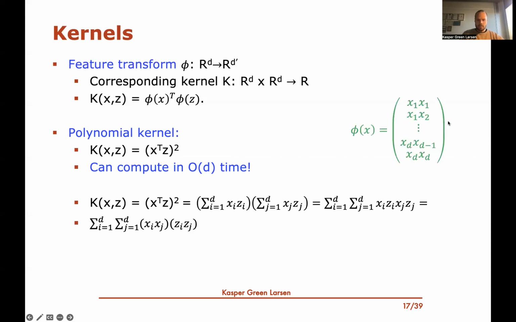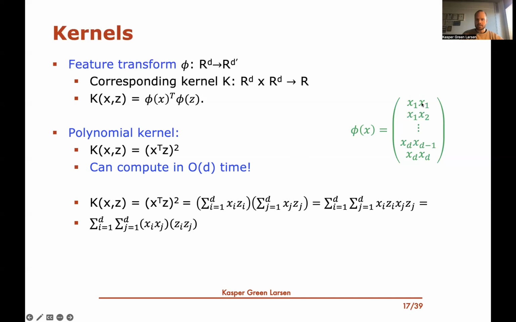And now the crucial observation is that what I wrote out here actually does correspond to an inner product. It corresponds to an inner product between feature transform vectors, where if I plug in a vector x, instead of having d coordinates, I have d squared coordinates, one for every pair of original coordinates.